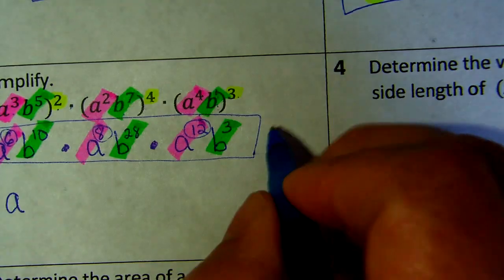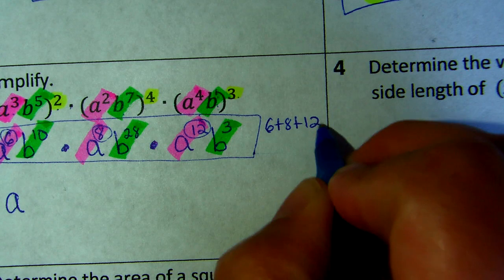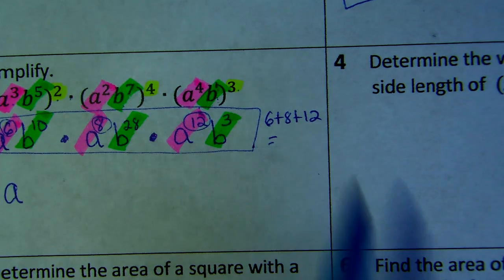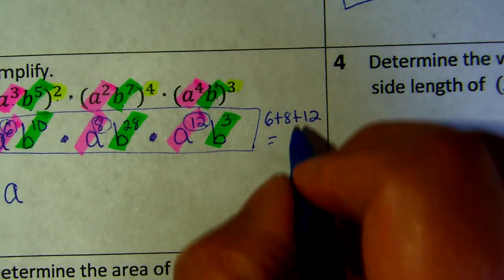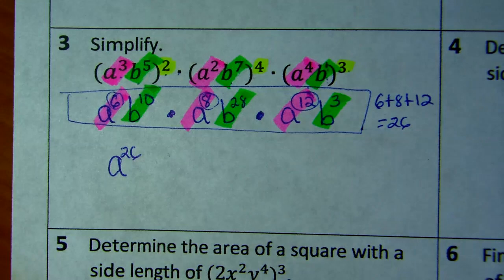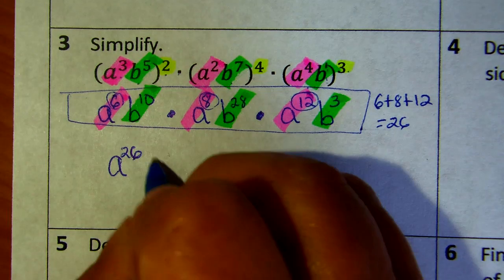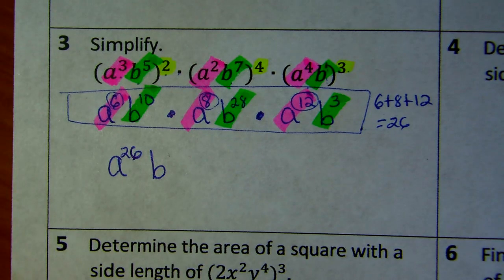All right, so I'm going to write it over here on the side. 6 plus 8 plus 12. And this gives you what? 26. So it's going to be a to the power of 26. Then for the B, what numbers are we going to add?